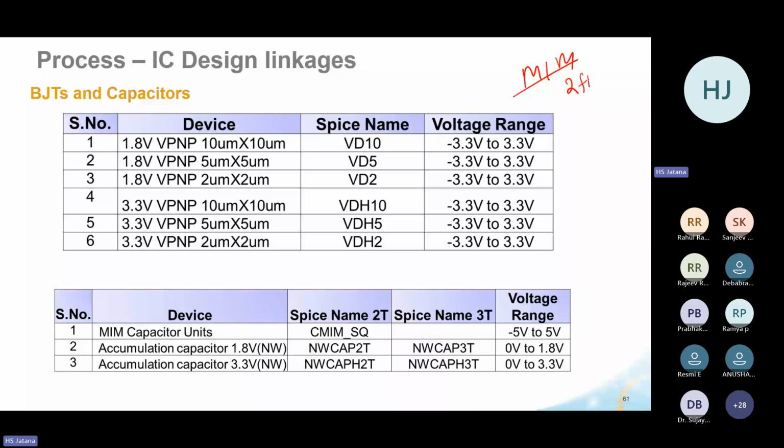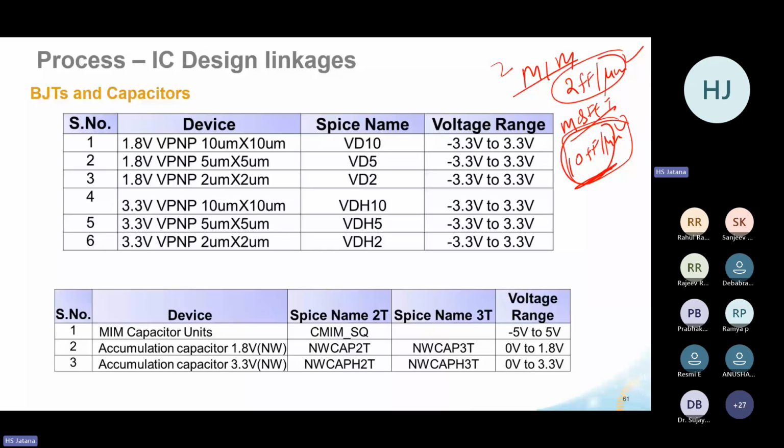You can use MOSFET also, where the density is higher, 10 femtofarad per micrometer square, but you can use it only in a limited range, the accumulation range. So it is an accumulation capacitor, but the density is quite high compared to an MIM, metal insulator metal. Then you can have two stacked MIM capacitors, where this will become double.